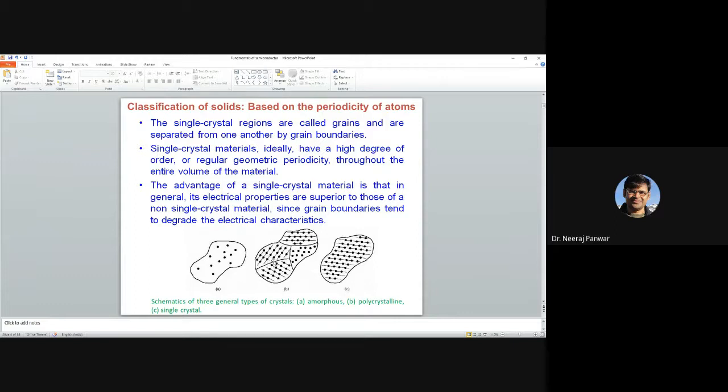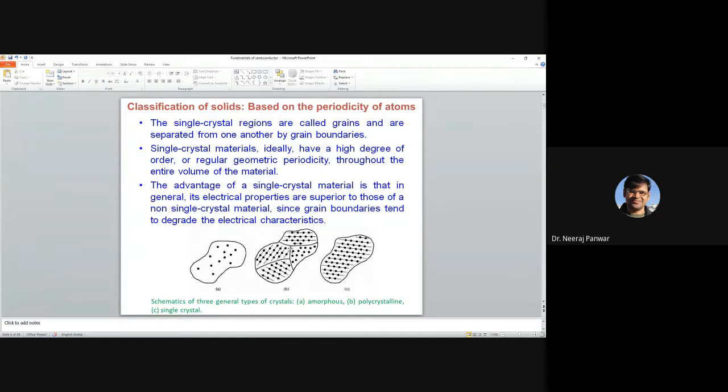These regions are divided by lines. These lines are known as grain boundaries. The lines that separate two differently oriented regions are known as grain boundaries.